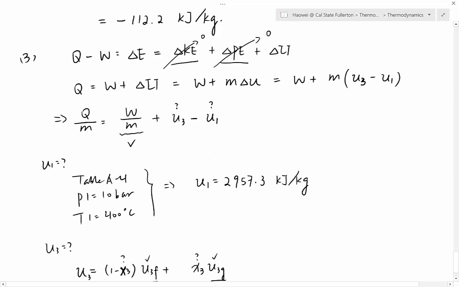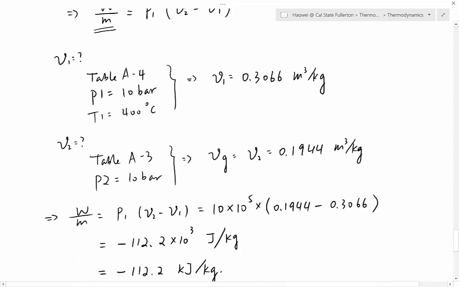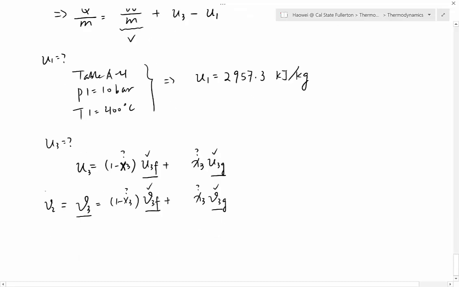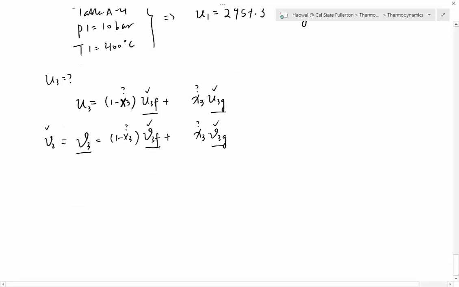And do we have nu2? Did we find nu2? Right here. We found nu2 from before. It's 0.1944 cubic meter per kilogram. So I do have nu2. And now if you take a look at this equation, how many unknowns do I have? There's only one unknown, which is x3. So I can easily find x3 from this equation. So you perform the algebra.